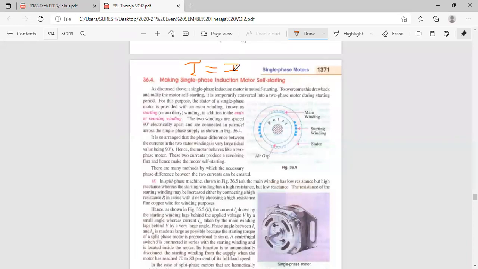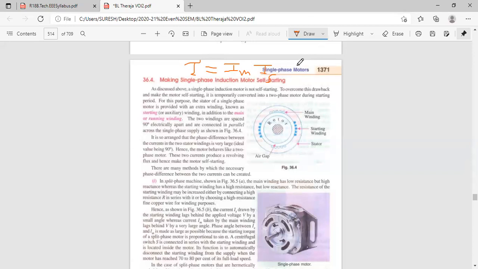Tau is equal to Im, I suffix m. Im, what do you mean by Im? Current in the main winding. What is Is? Current in the starting winding.